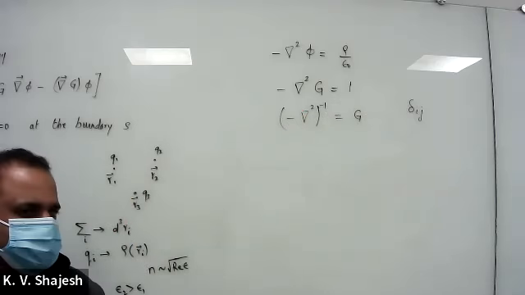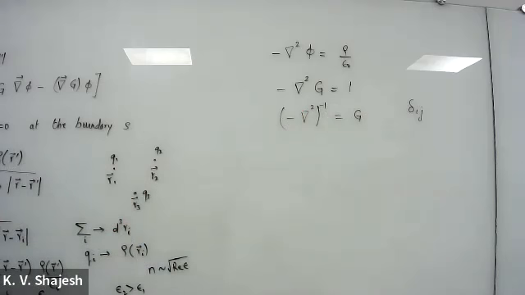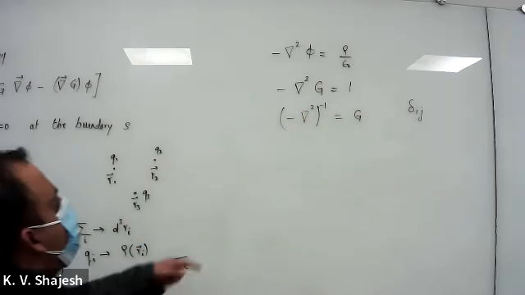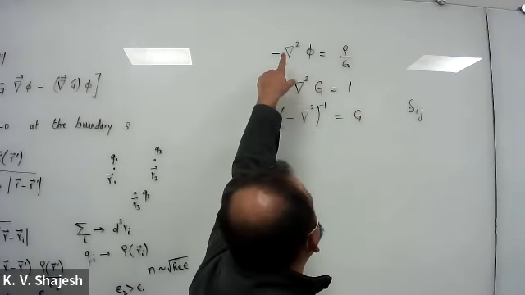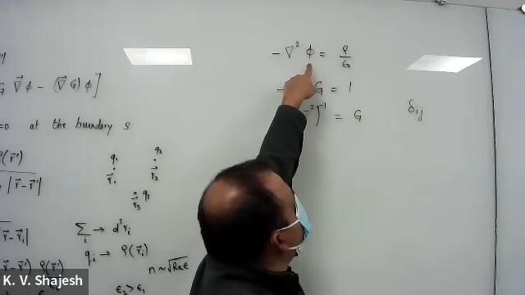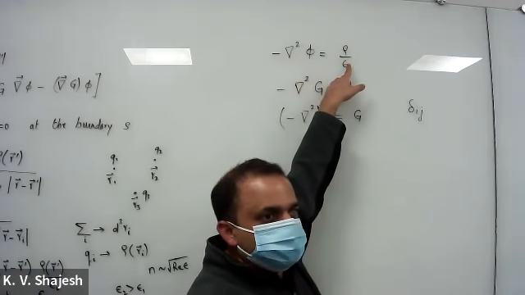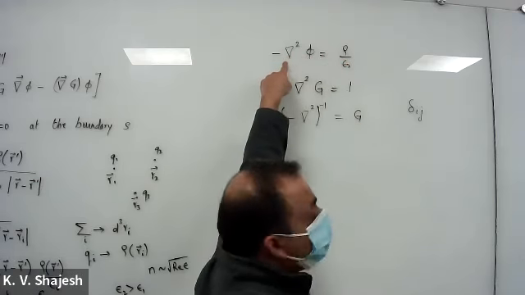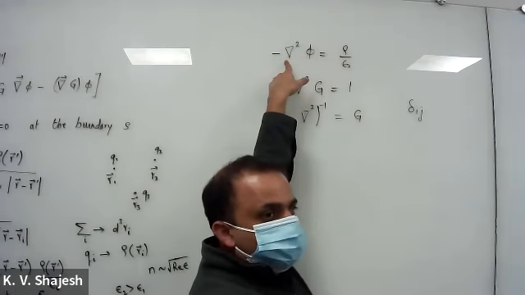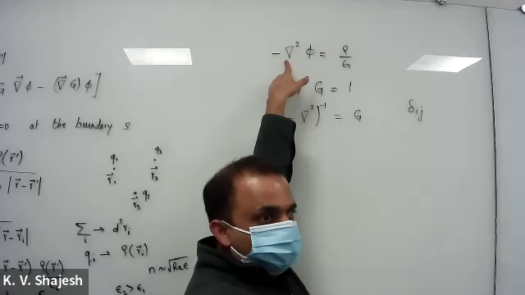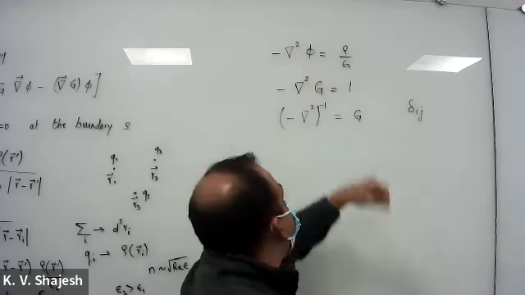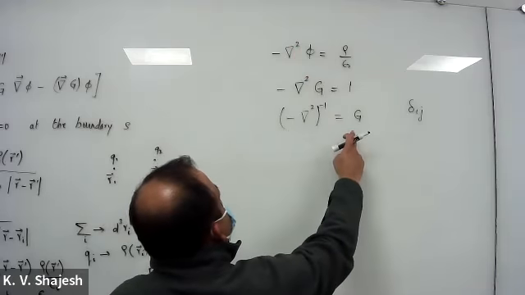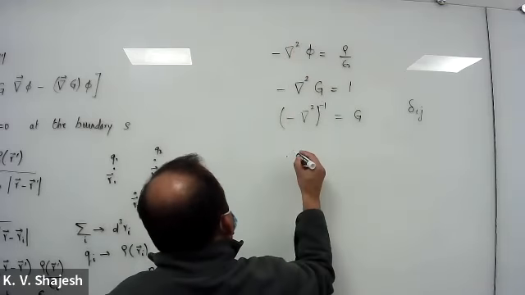I just gave you an interpretation of Green's function. That's the electric potential due to a point charge. But now in mathematical language, if I have an operator multiplying on something and giving you something, the inverse of this operator is the Green's function.